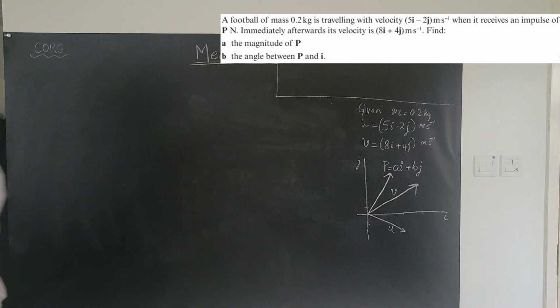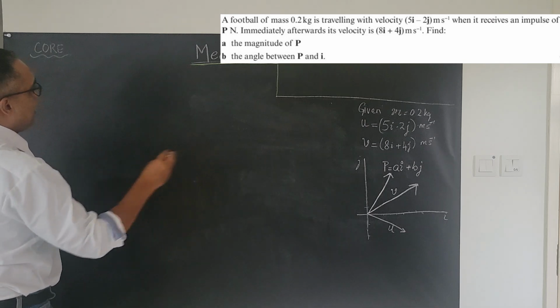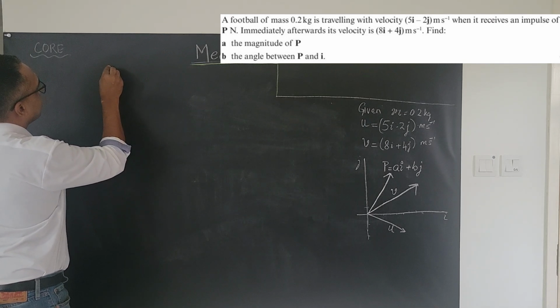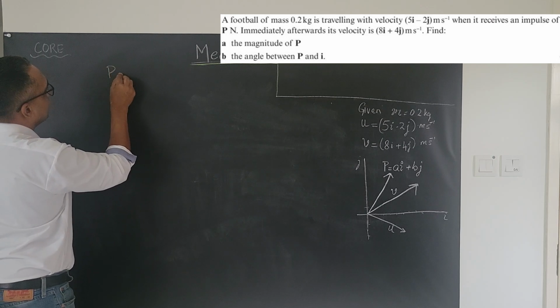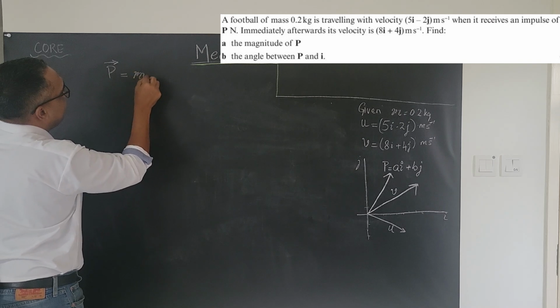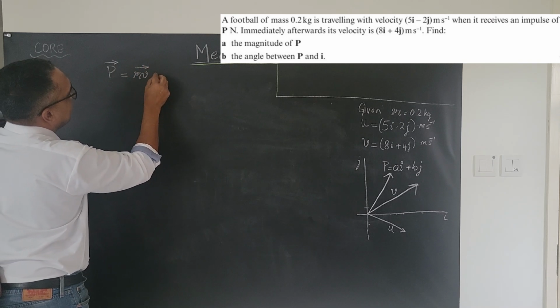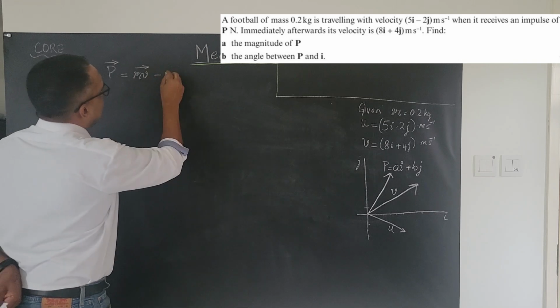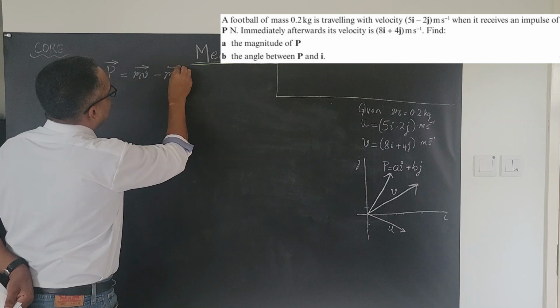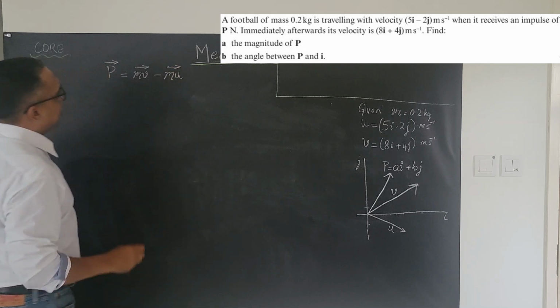Here's how my approach to doing this problem would be. Vector P is equal to the momentum vector final minus the momentum vector initial.